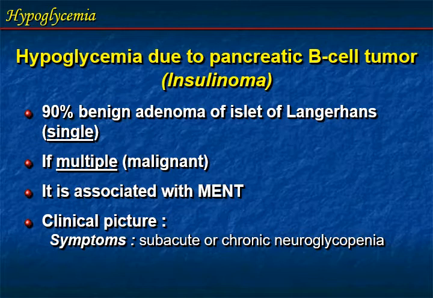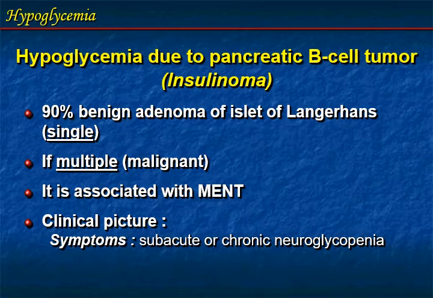Insulinoma also is associated with multiple endocrine neoplasia, the famous 3 Ps: pituitary, parathyroid, pancreatic.